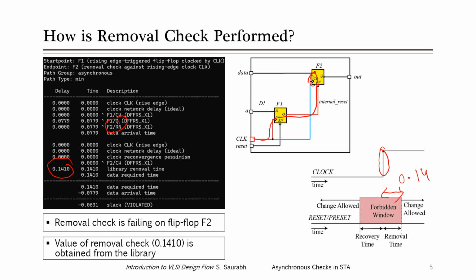That is what the timing window shows here. But when is it arriving at the reset pin? It is arriving at 0.0779, which is earlier than 0.14, and therefore there is a violation in this case.